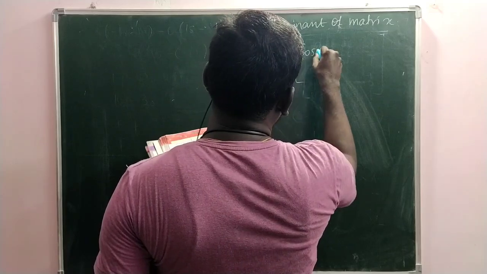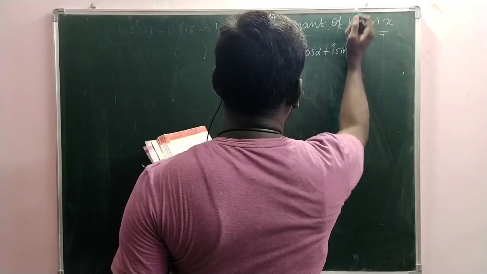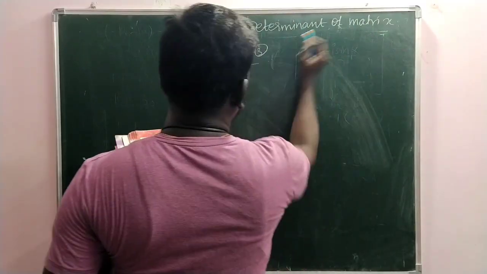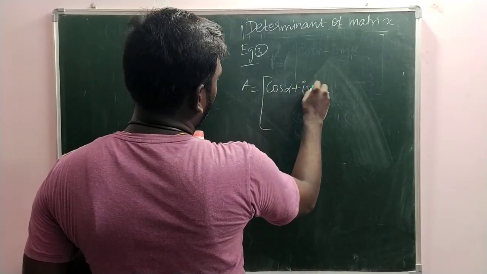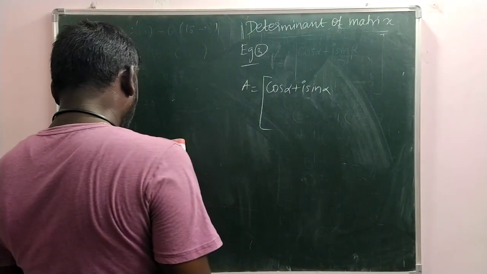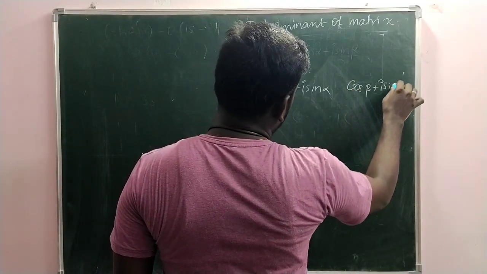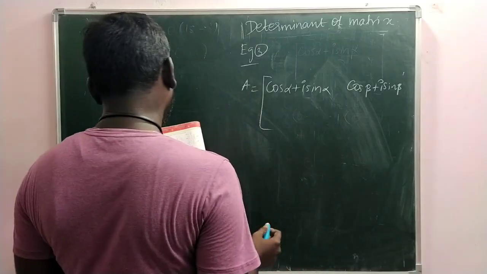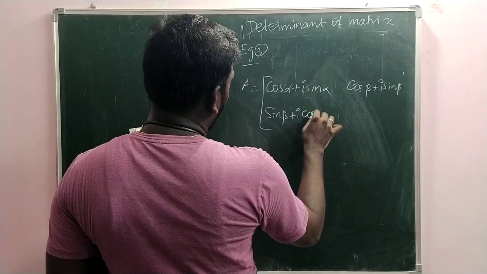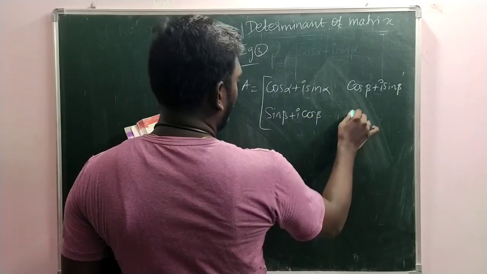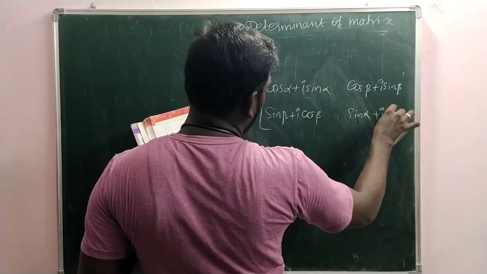The matrix A is cos alpha plus i sin alpha, cos beta plus i sin beta, and sin beta plus i cos beta, sin alpha plus i cos alpha.